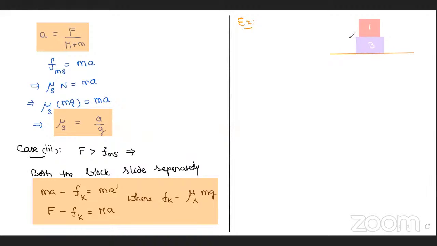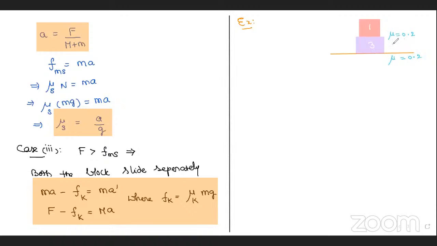The coefficient of friction between the two surfaces is 0.2. And keep in mind, the table is not smooth. It is also rough. The coefficient of friction between the table and the lower block, better you take it as the same value, 0.2.